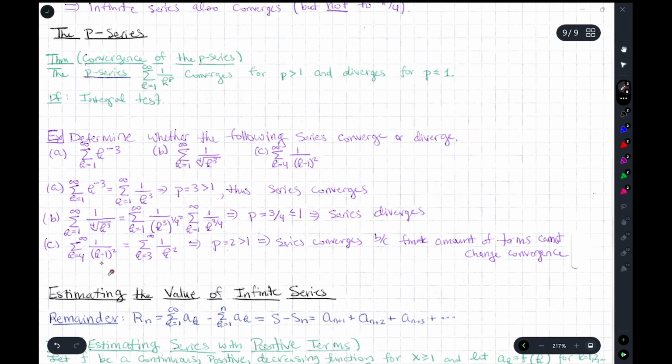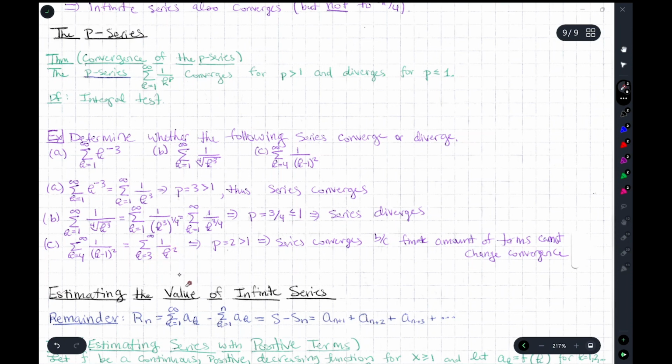And what about this over here? Well, we're going to re-index. Just to frame it in the language of the p-series, instead of starting at 4, so if you put in 4, you get 4 minus 1, that's 3. You could just start at 3, and that's the exact same sum, but if you change from k minus 1 to k.